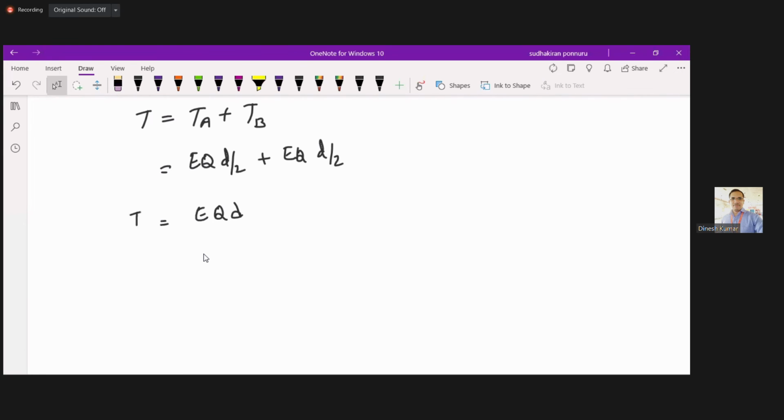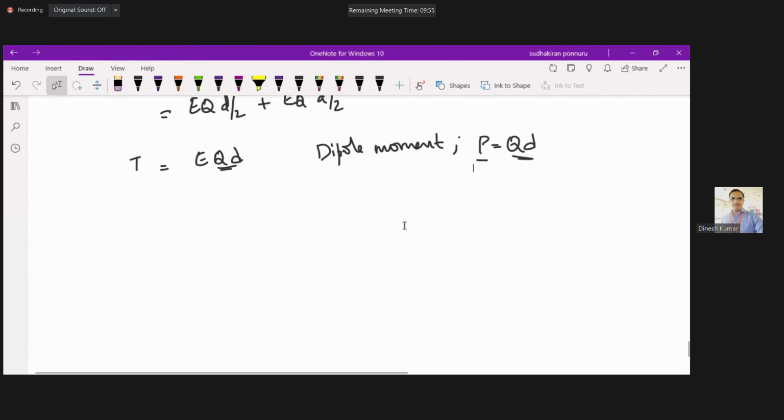And we know the dipole moment formula, which is given as P is equal to Q into D. So we will replace the value of QD with P. Therefore T is equal to E into P. But here, one important point to be noted.